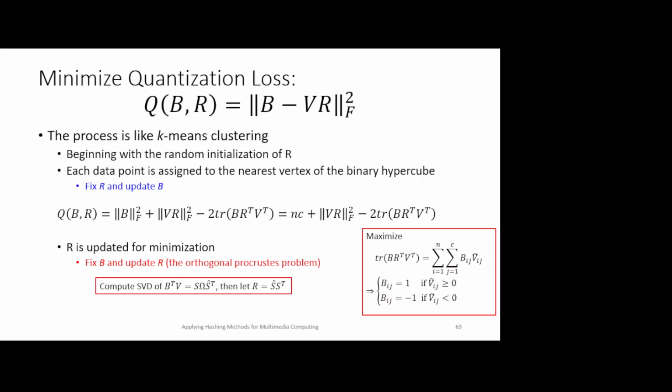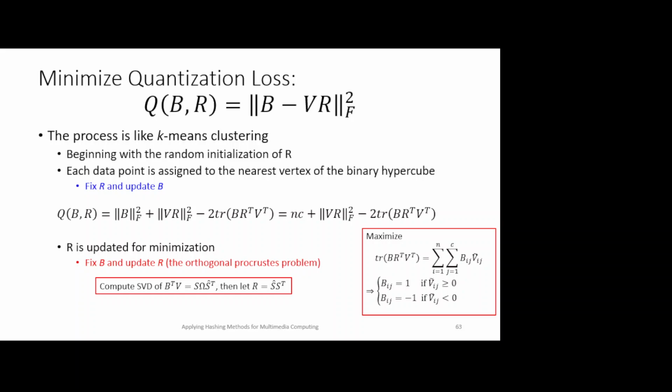You just compute the SVD, singular value decomposition, of the matrix B transposed V, and find S and S-hat, and then you get R equal to S-hat times S transposed. There is an analytic solution, a unique closed-form solution that linear algebra can compute directly. Since B and V are both fixed and only R changes, we want to minimize the loss, so we can solve it directly with linear algebra.